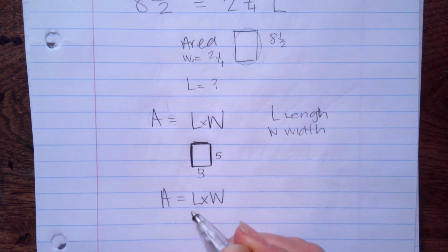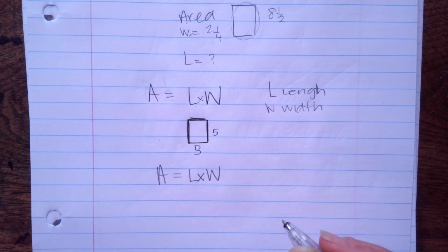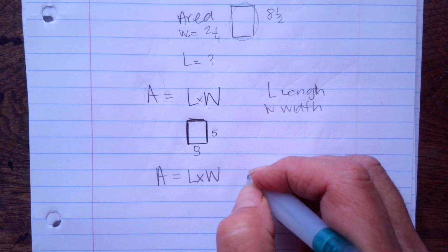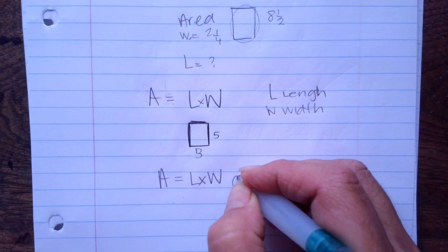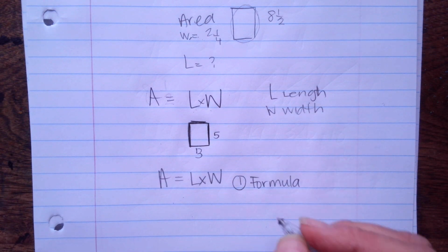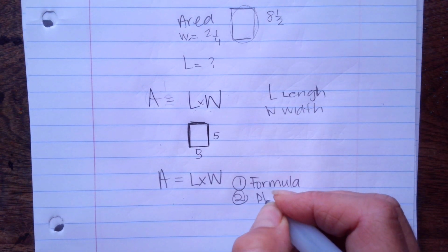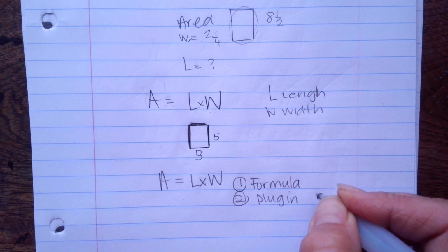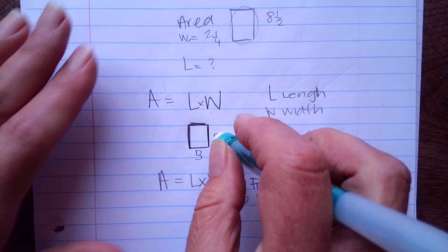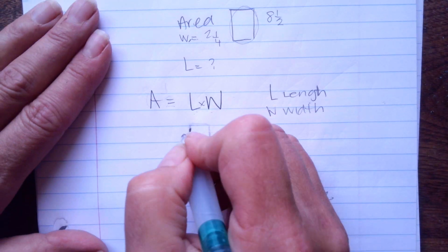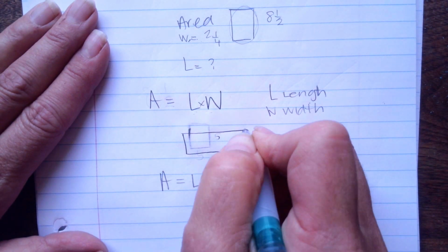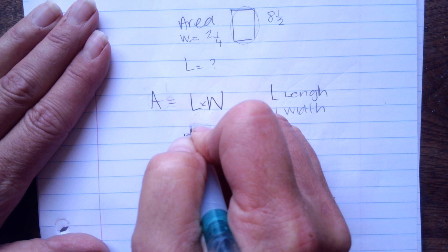So you would do area equals length times width. So the first step is to write out the problem. And this is the formula for a rectangle. So step 1 is you write the formula. Step 2 is you plug in the numbers. Let me make it like this. This is 5 and this is 3.